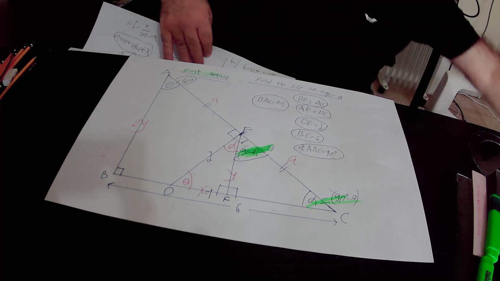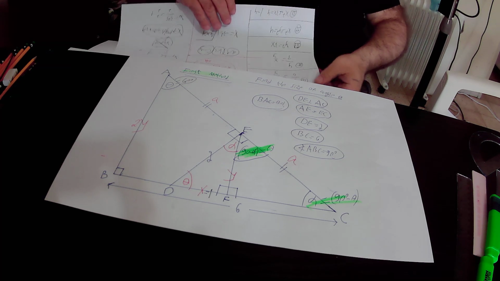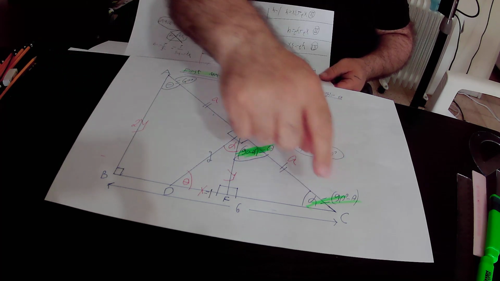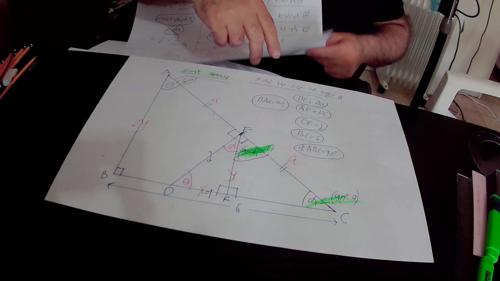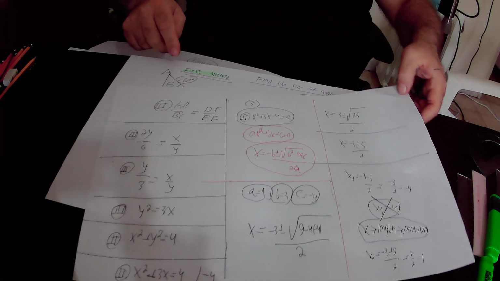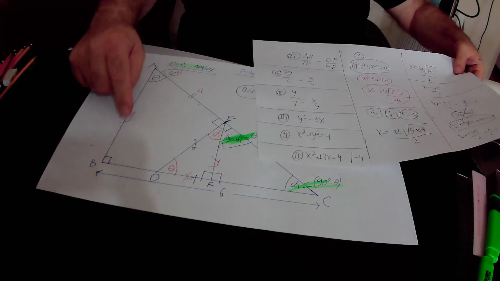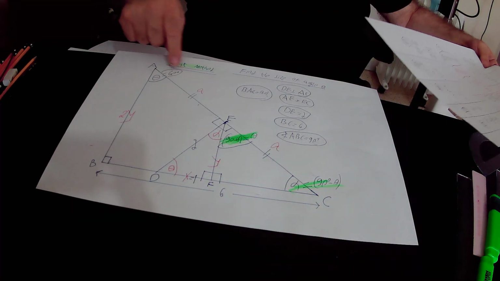And from the fact that those two right triangles are similar to each other, we conclude that AB over BC equals DF over EF. AB equals 2Y, BC equals 2A.